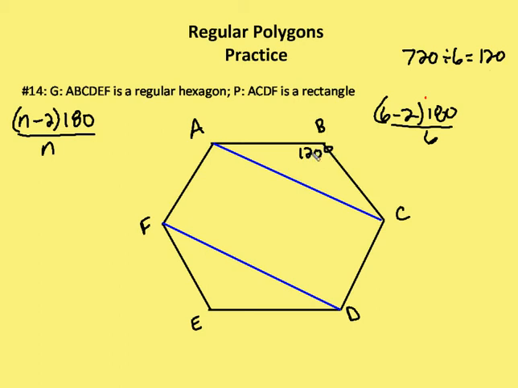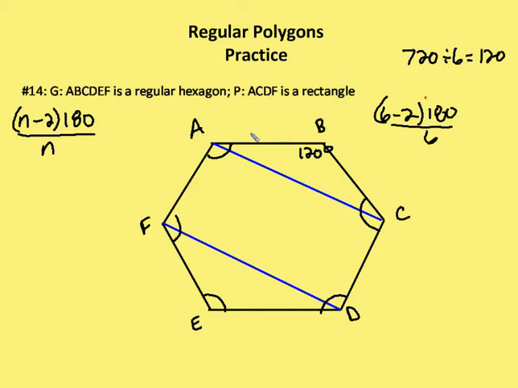Again, in a regular polygon, each of the interior angles has the same measure, and each of the side lengths is the same. So I know that angle FAB is 120 degrees, BCD is 120 degrees, AFE is 120 degrees, CDE is 120 degrees, and angle E is also 120.